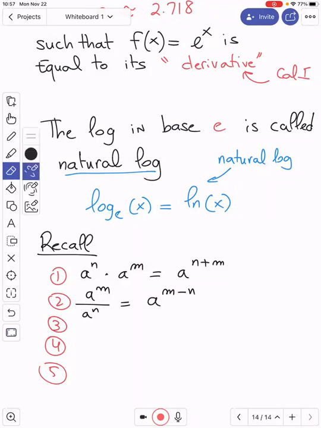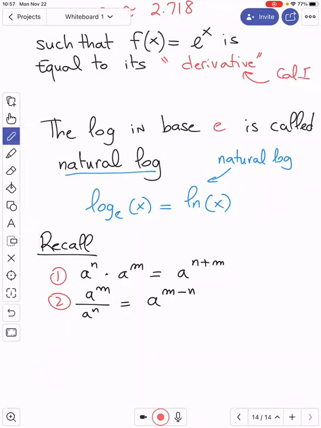You see, the power n is in the denominator, but when you move it to the top, it becomes minus n. When you move a power from the denominator to the top, you have to change the sign. Anyway, we have all these power rules. This is for the exponential function.